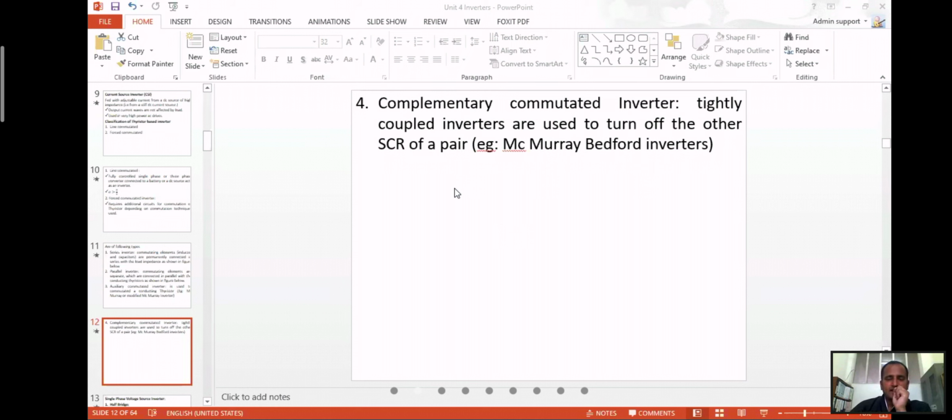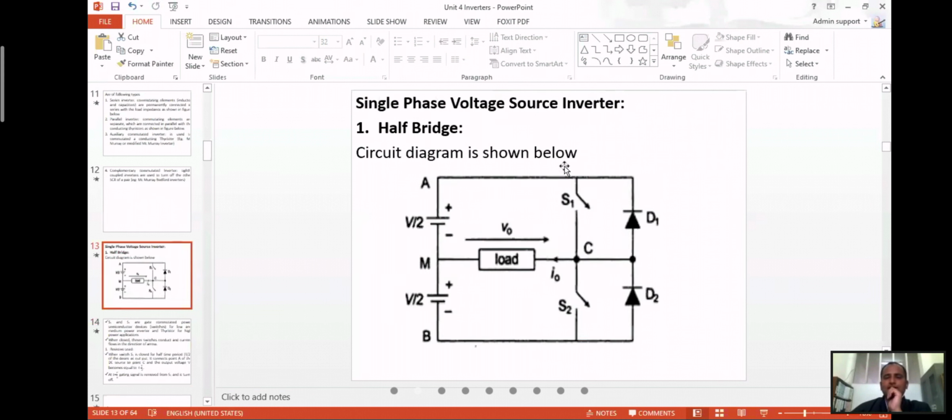So these are some of the specifications. Now we'll go straight to the single phase voltage source inverter. Broadly, they classify inverters as VSI or CSI. If you go through the textbooks, it is broadly classified as a voltage source inverter or a current source inverter.